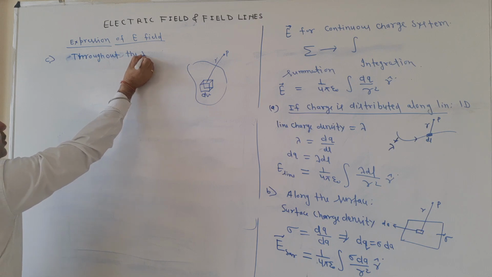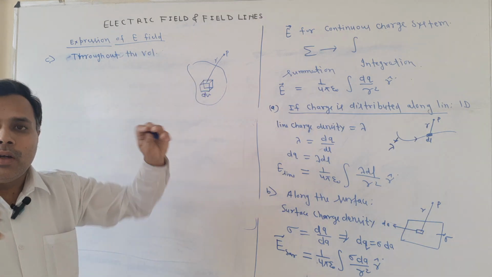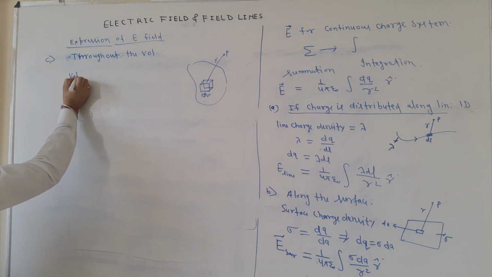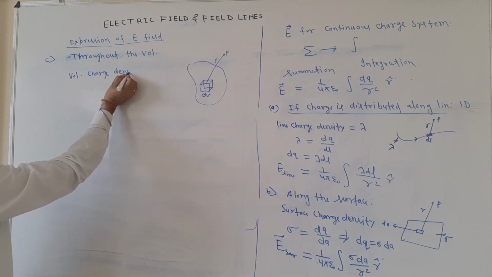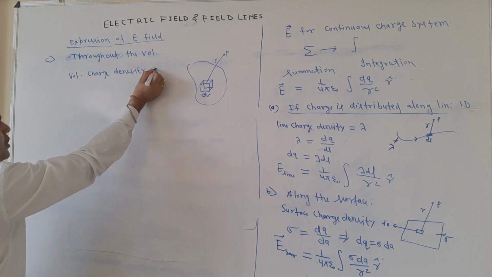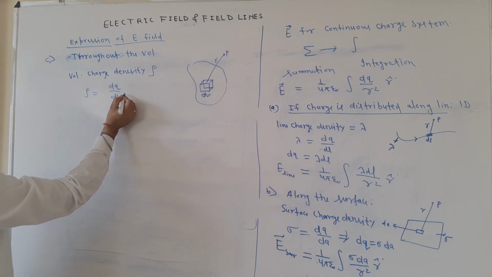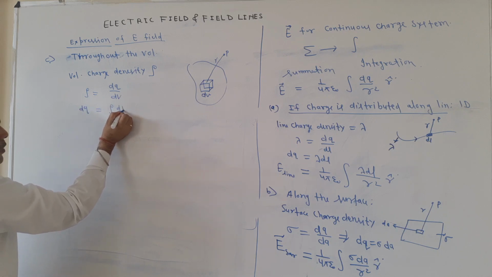If the charge is distributed throughout the volume, in this case we have a concept of volume charge density, which is rho. So rho is dq by dV, which implies that dq is rho dV.